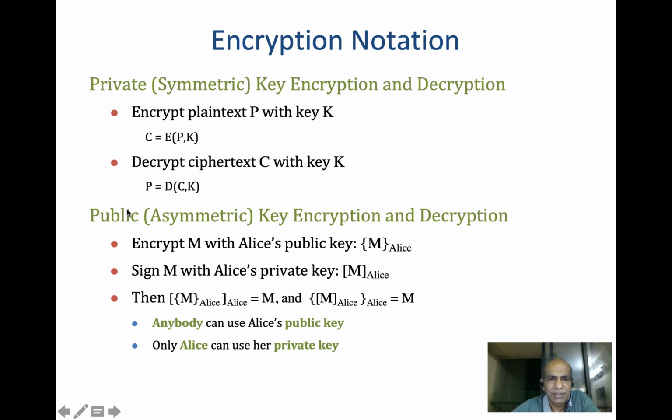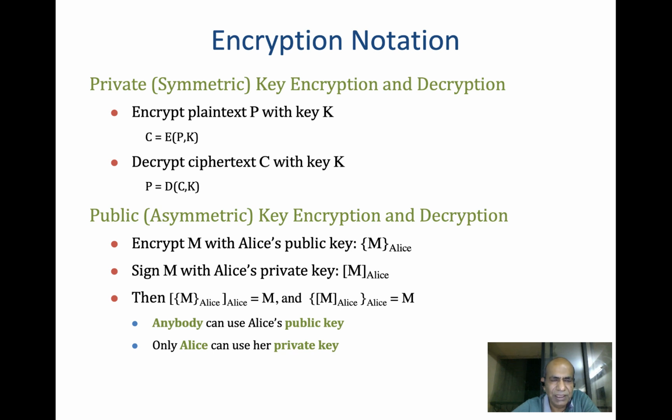In public key encryption, we use a public key and a private key. The private key is private to the sender. For example, if Alice is sending a message and she is encrypting the message with her private key, then she is not going to share the private key with anybody.